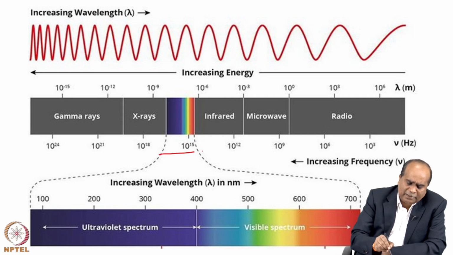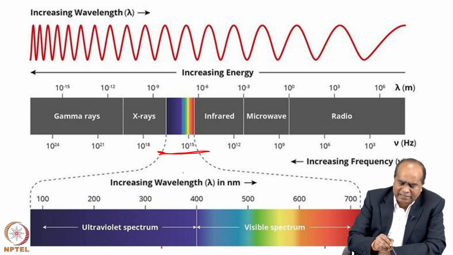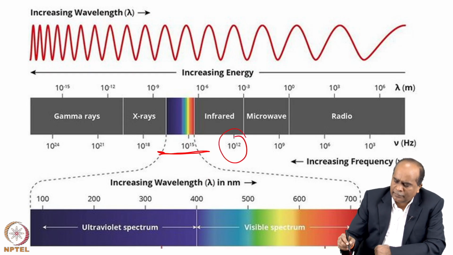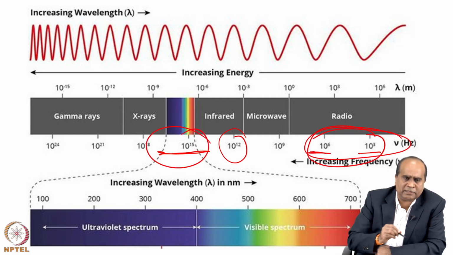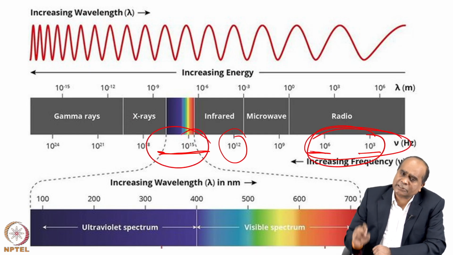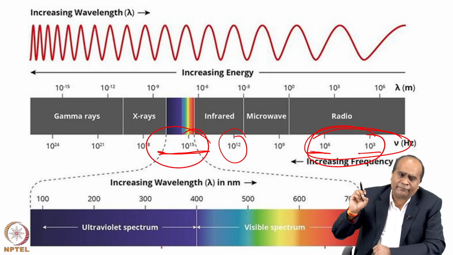For UV-visible spectroscopy, our frequency range is going to be 10 to the power 15, for IR 10 to the power 12. When we come to the nuclear spin, which is in the radio frequency, it is going to be megahertz to kilohertz. You require less energy in this case, and much more energy in that case. Therefore, the radiation source chosen for different kinds of spectroscopy is also very different.